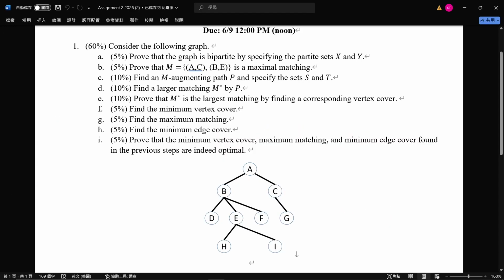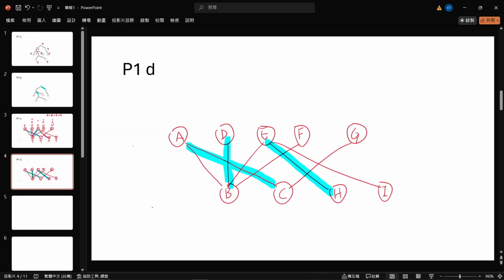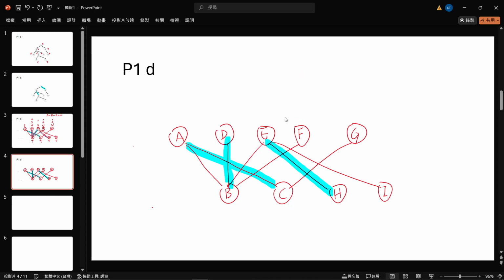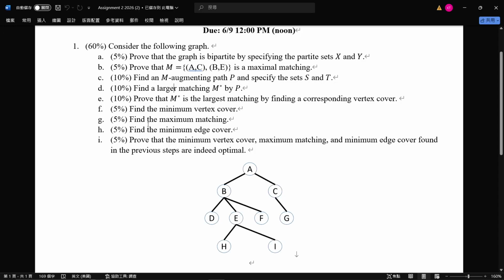We just take the exclusive OR of the matching we had and the augmenting path, and then we can get this larger matching.